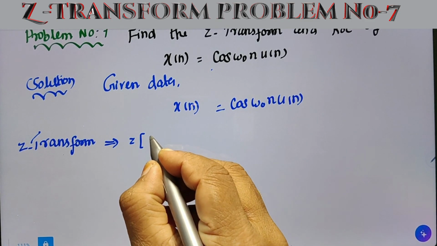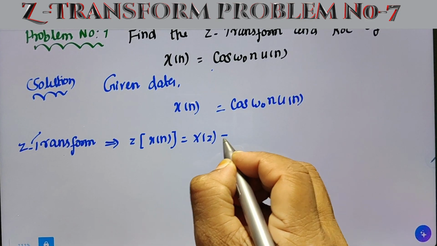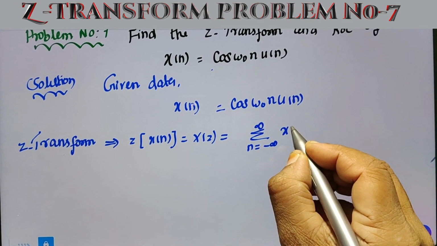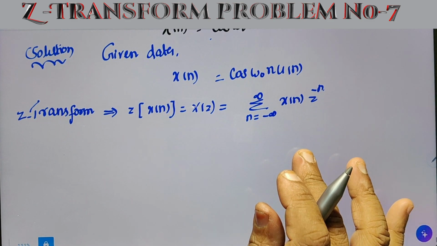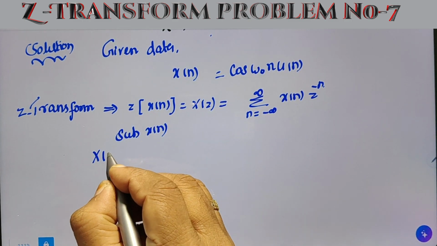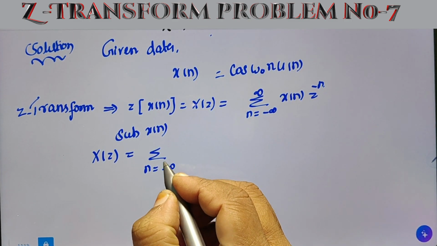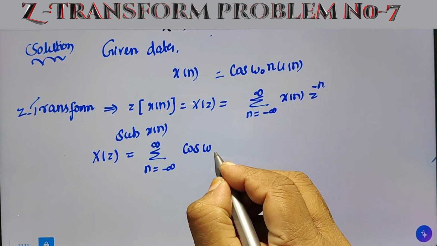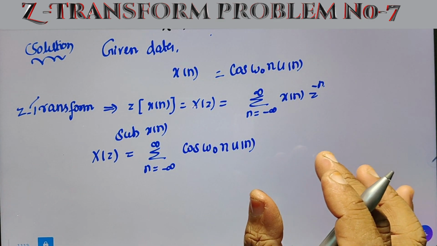Z of x of n equal to X of z equal to summation n equal to minus infinity to infinity x of n into z power minus n. Then substitute x of n, that's the given data. So X of z equal to summation n equal to minus infinity to infinity cos omega naught n into u of n.